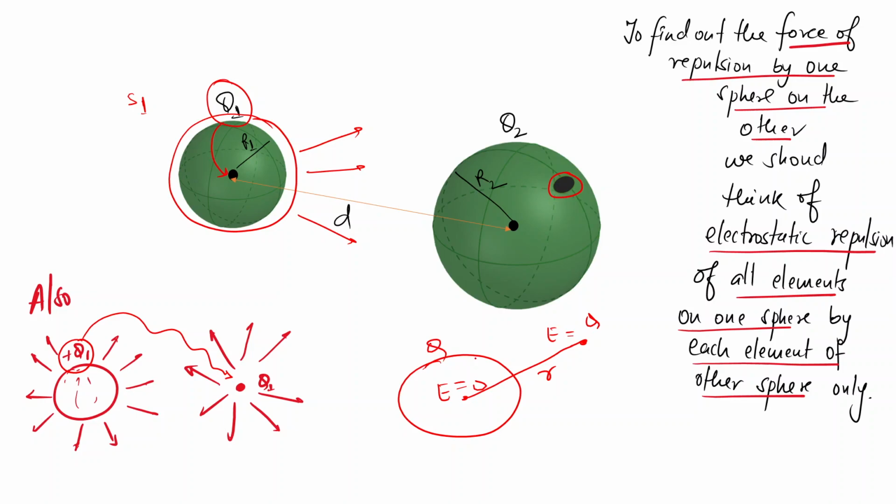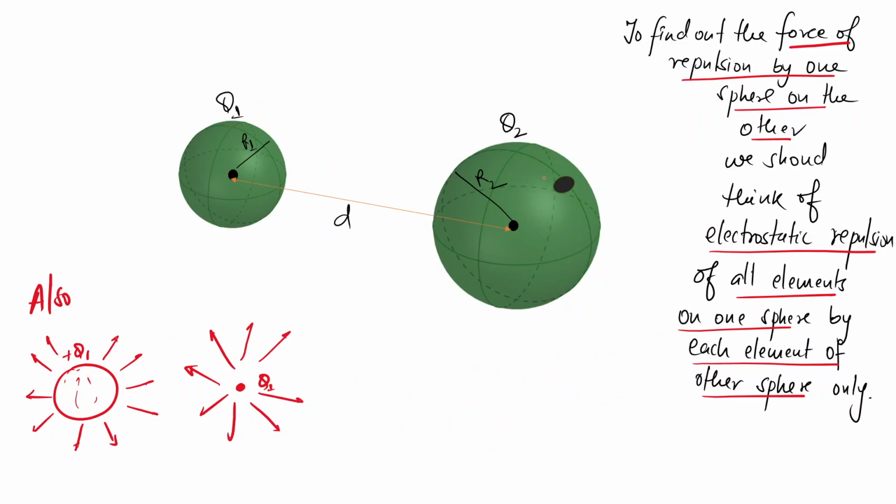It's just like this whole charge is centered at its center as a point charge, and the electric field by that point charge is the same as the electric field produced by the spherical shell. So the electric field will be Q by 4 pi epsilon naught R square. You see there is no role of the radius of the spherical shell here, just this small R square.